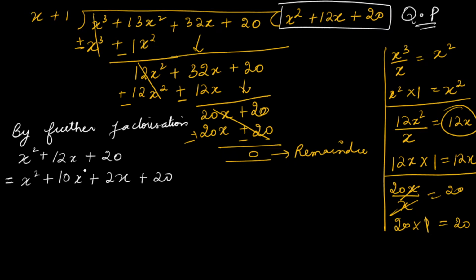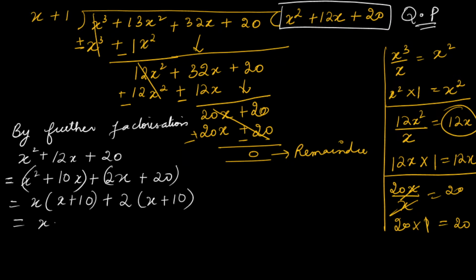Now we can make pairs. So this is one pair, this is one pair. So x common I am taking. So x plus 10. Here 2 I am going to take common. So x plus 10. So I am getting x plus 2 into x plus 10. Our first factor we have already found.